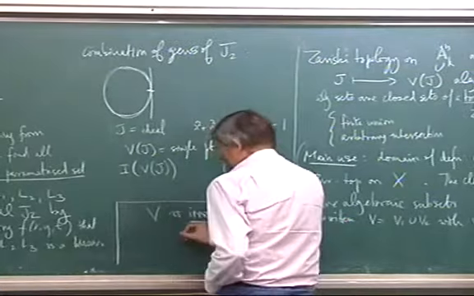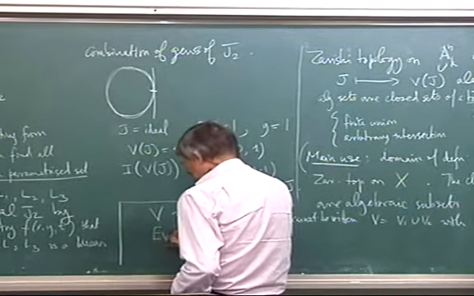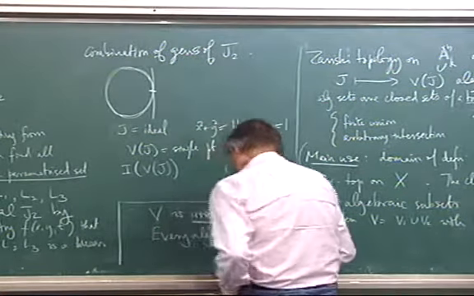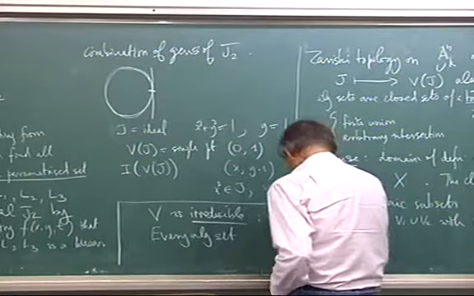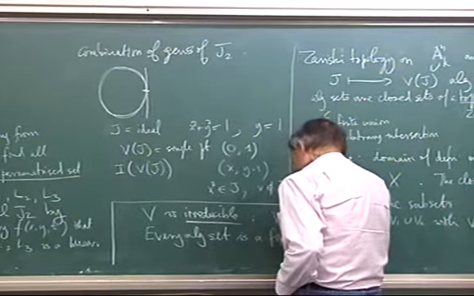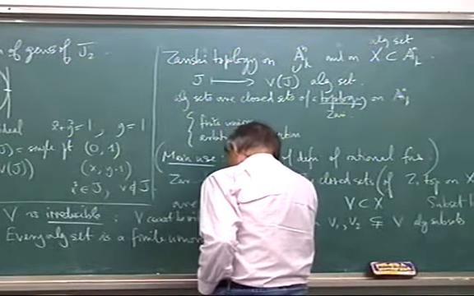I proved at the end of last time that every algebraic set is a finite union of irreducible algebraic sets.